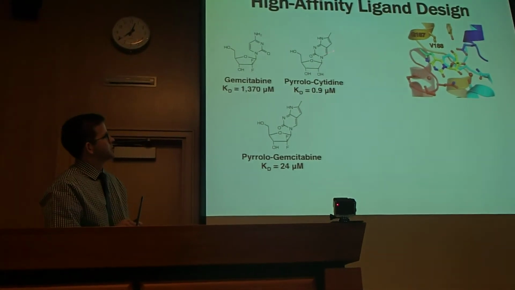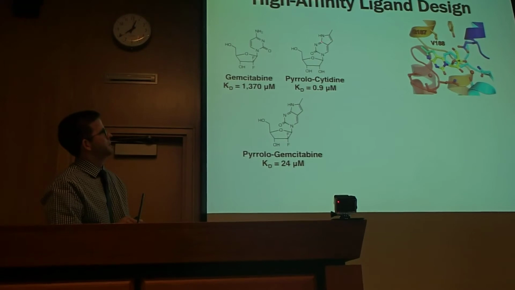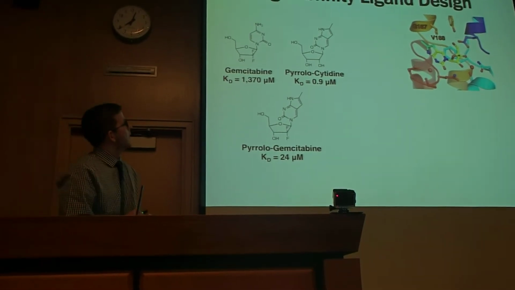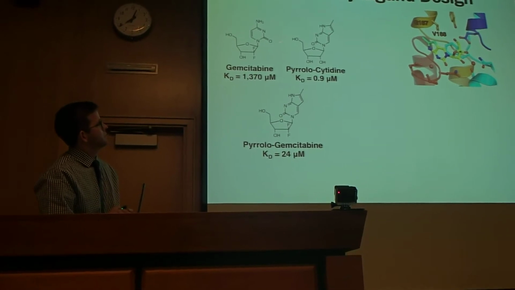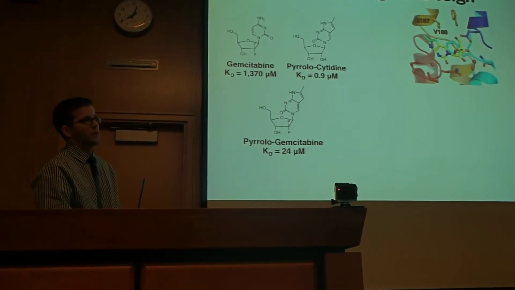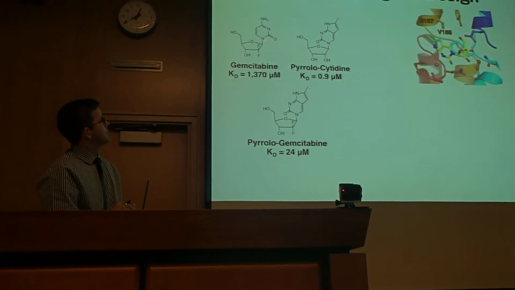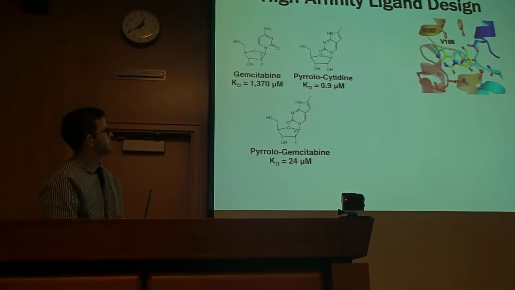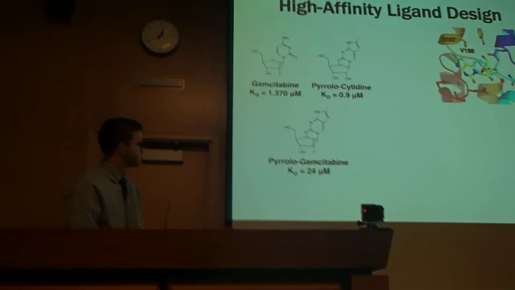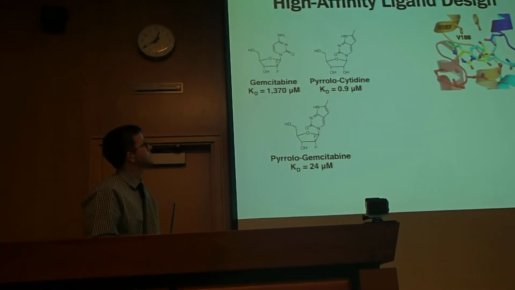And the only difference between this structure and cytidine is that it has 3 additional carbons forming this methylpyrrole ring. And since gemcitabine is a cytidine analog, we synthesized a compound with the help of Jiang Hong's lab in chemistry that had the gemcitabine scaffold with 3 additional carbons forming that methylpyrrole ring. We call it pyrrologemcitabine, and found the binding affinity for VCCNT to be significantly enhanced.